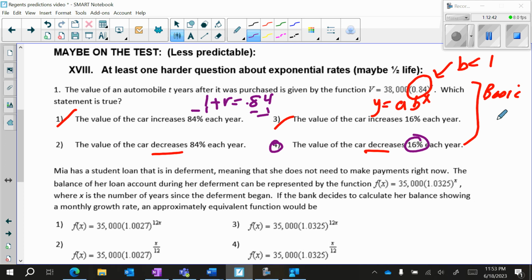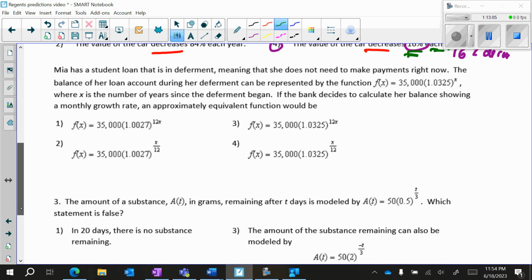This means that 84% is what remains, but 16% is what decays. Now, it's important to keep an eye out for what the t stands for. This is t years, so t is in years. That means that once a year, it's going to be decreasing by 16%, okay? Just keep in mind, it could be in terms of years, days, months, etc.